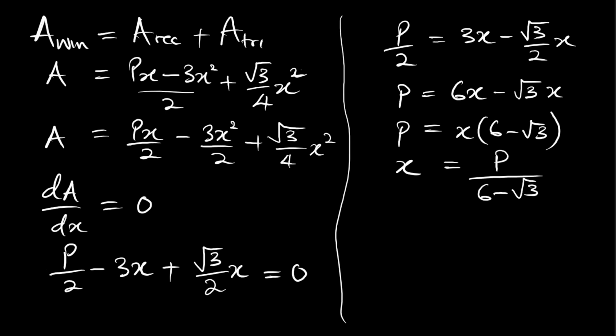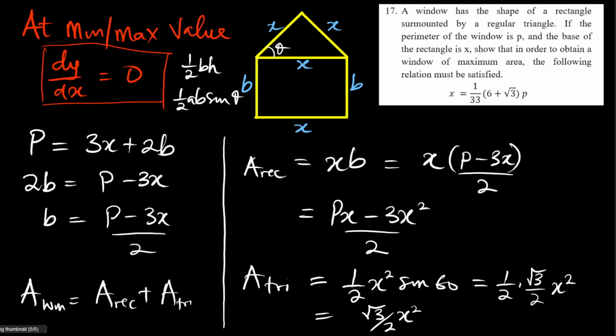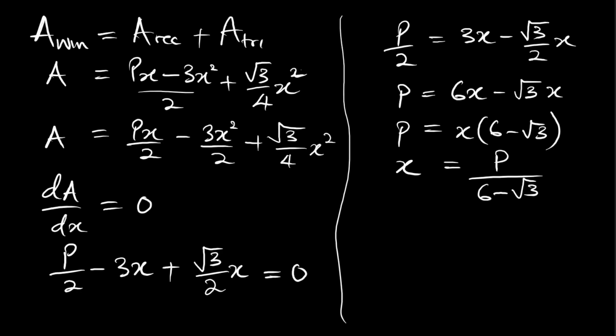But then if you check the relationship, we had 6 plus root 3. What does that mean? It means that we are going to rationalize the denominator. So from there, we are going to have p over 6 minus root 3 times 6 plus root 3 all over 6 plus root 3.